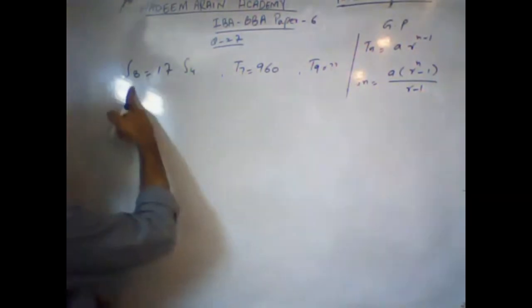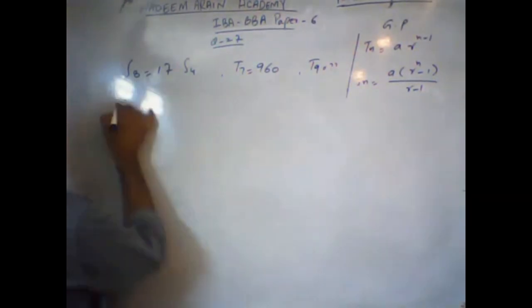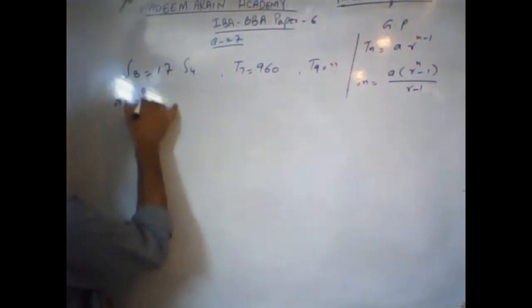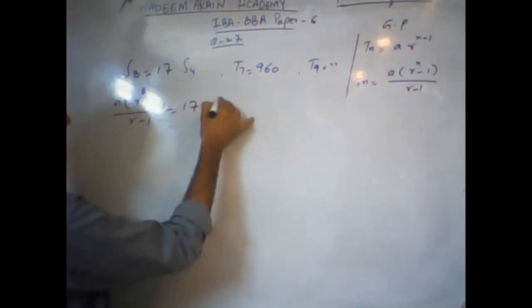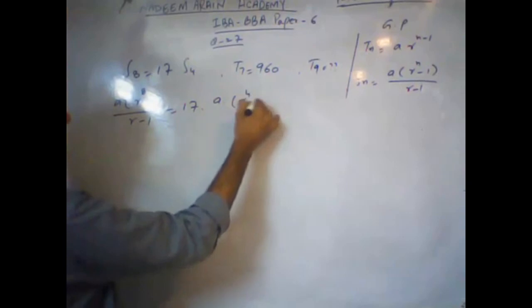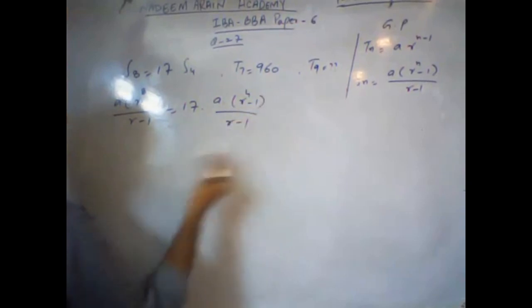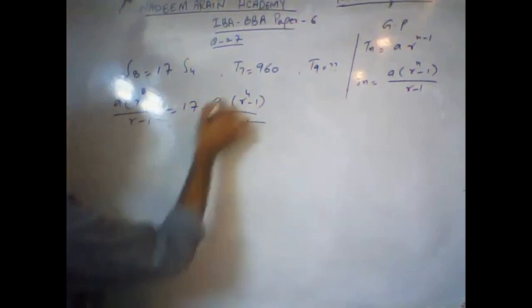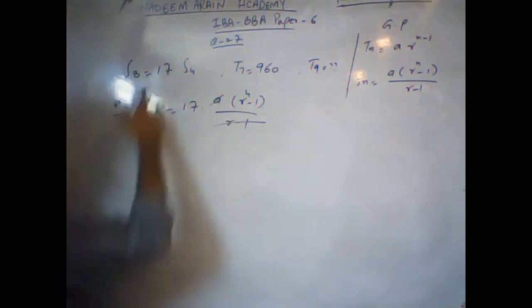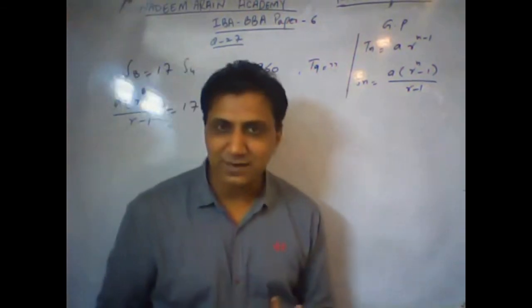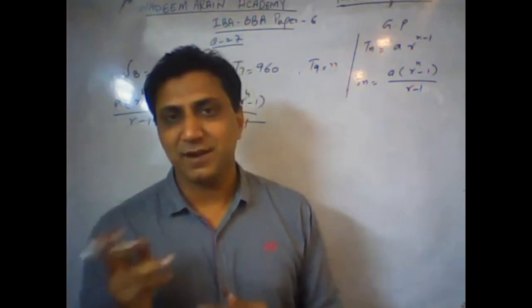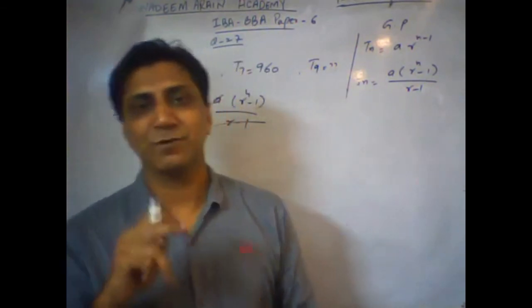S8 will be a times r power 8 minus 1 over r minus 1, which is equal to 17 times a times r power 4 minus 1 over r minus 1. So simple, you can cancel these two out. Using the formula a square minus b square, r power 8 minus 1 will be r power 4 minus 1 times r power 4 plus 1.